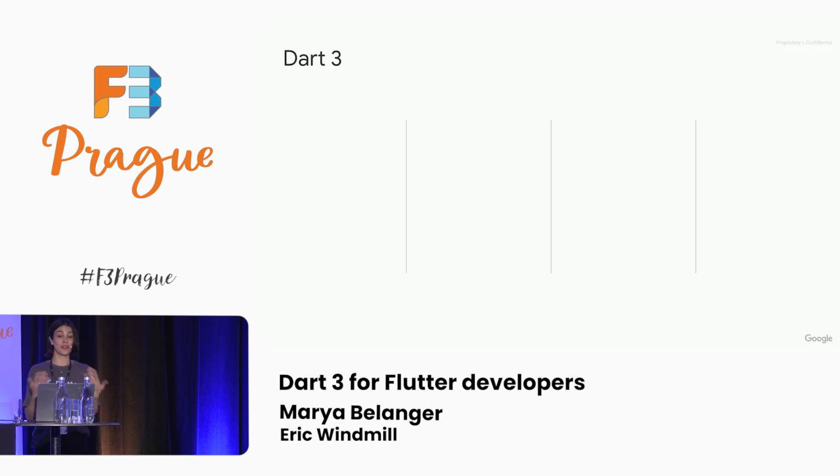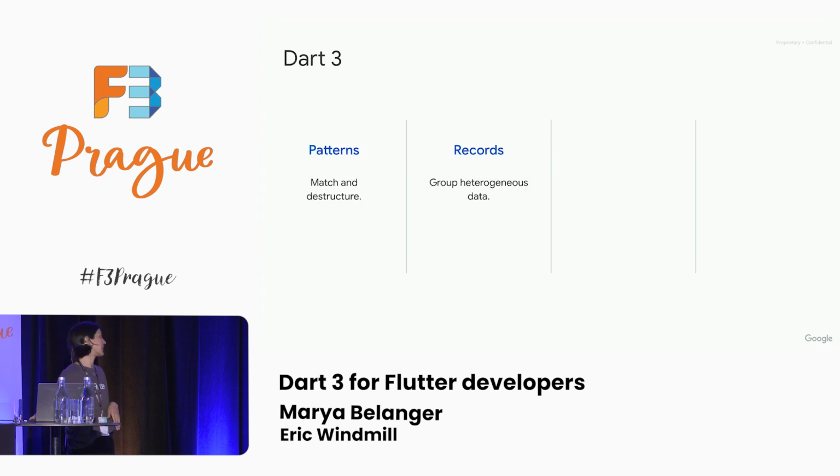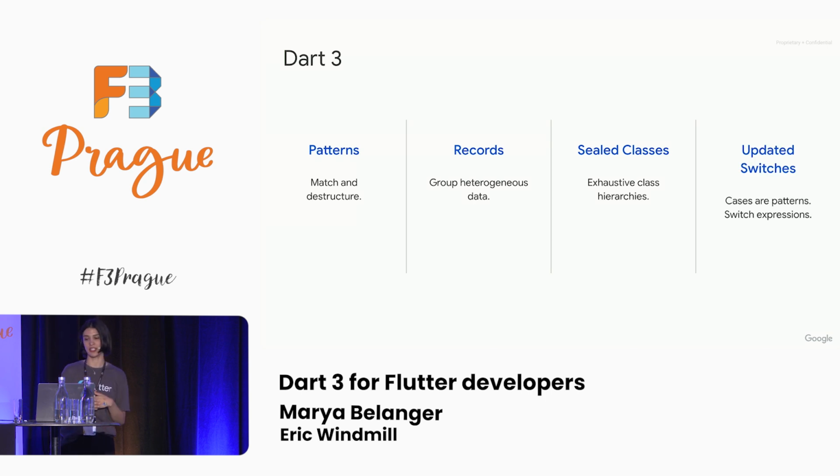So since all of those are so great, the Dart language team decided, why don't we add even more functional features to Dart? And this time they added some pretty major ones. So we added patterns and records and sealed classes, and we updated our switches.